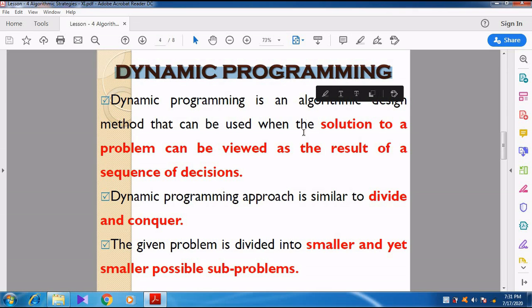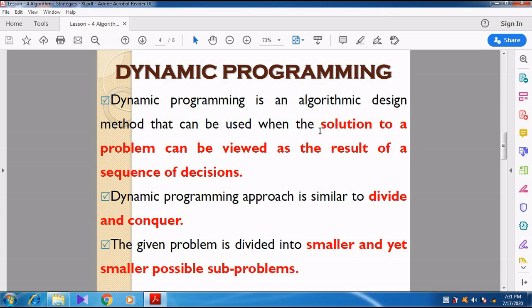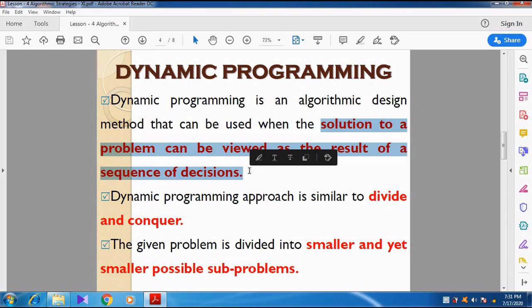What is meant by dynamic programming? Dynamic programming is one of the algorithmic design methods. This method can be used when the solution to a problem can be viewed as the result of a sequence of decisions.